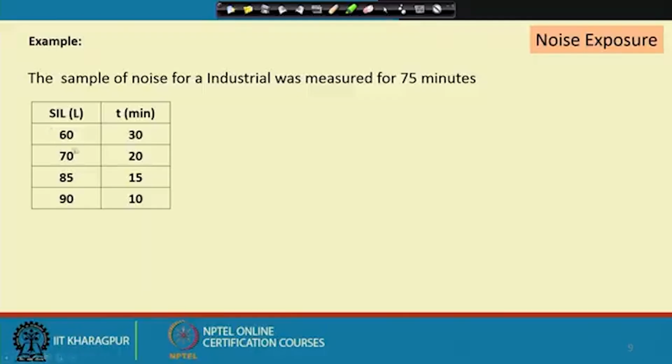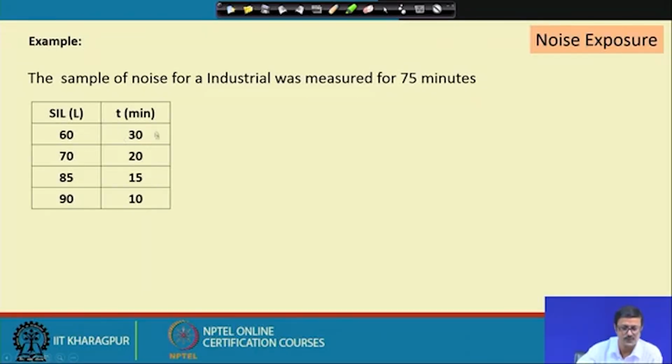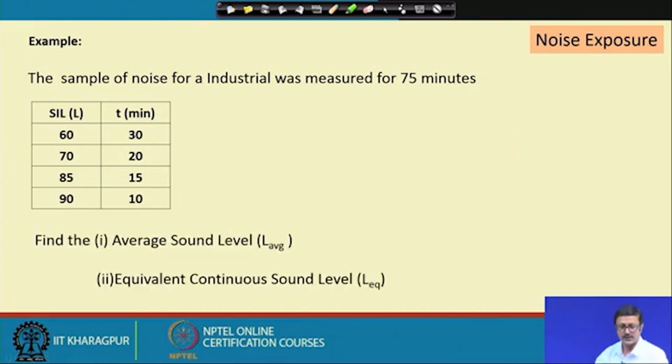But totally this 60 dB stays for 30 minutes, the total amount of 70 dB sound stays for 20 minutes, 85 dB is for 15 and 90 dB is for 10 minutes. So, I need to find out what is the L average and the L equivalent.